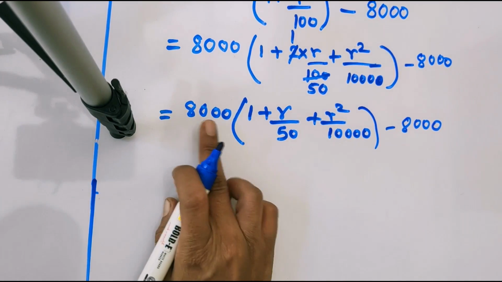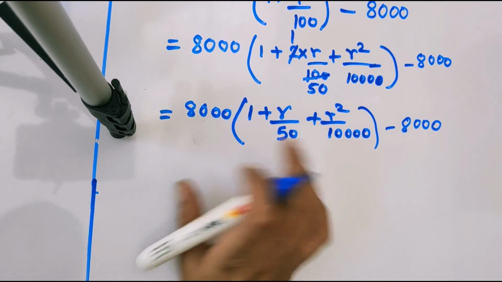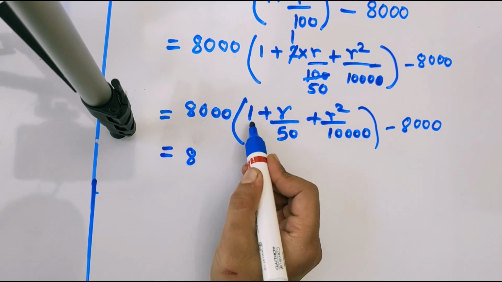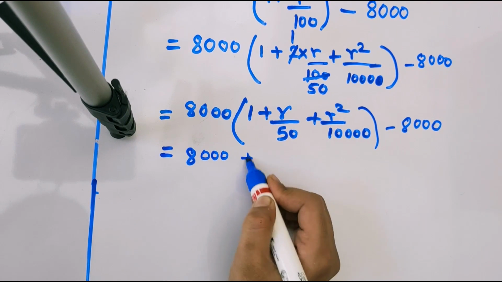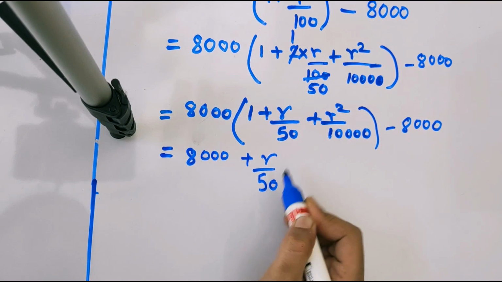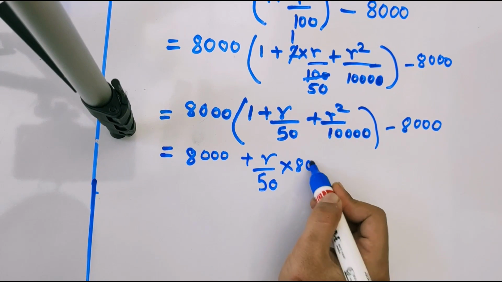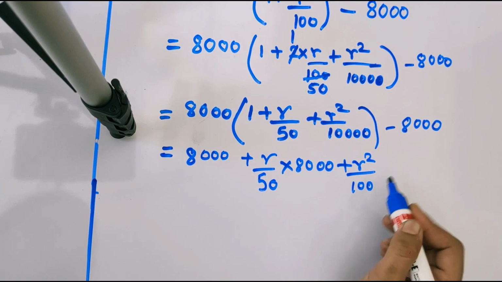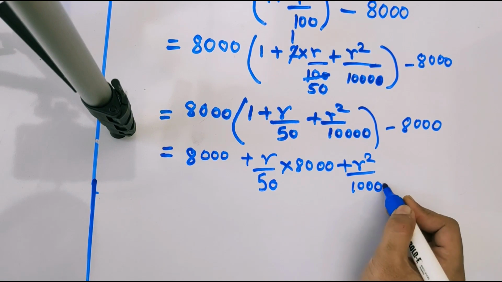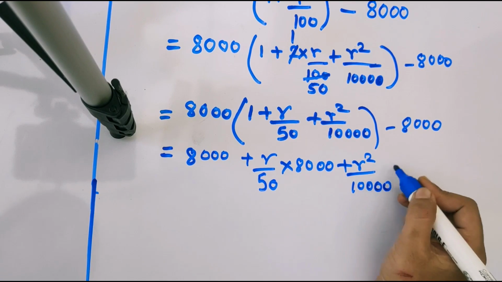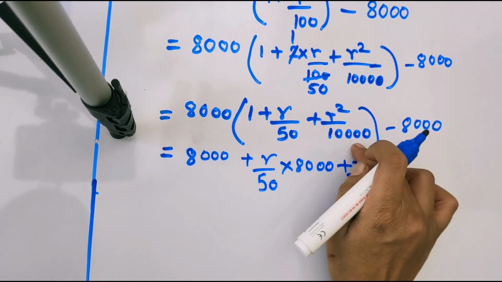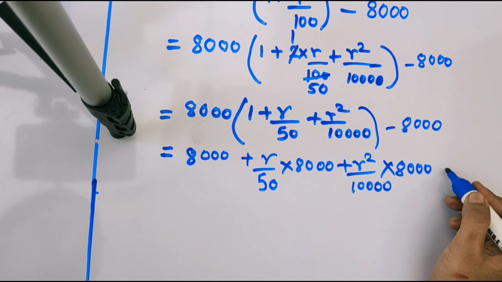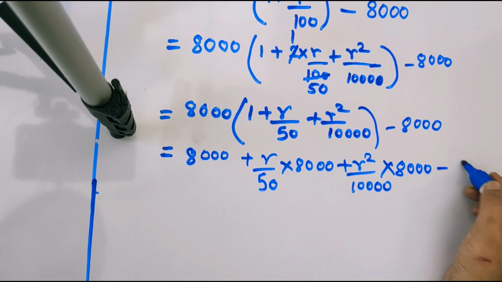Now this 8,000 is multiplied to this whole bracket. So 8,000 will go in a stepwise manner. 8,000 into 1 is 8,000, plus r upon 50, multiplied with 8,000 also, plus r square upon 10,000, this is multiplied with this term also, that is 8,000 also, minus 8,000.